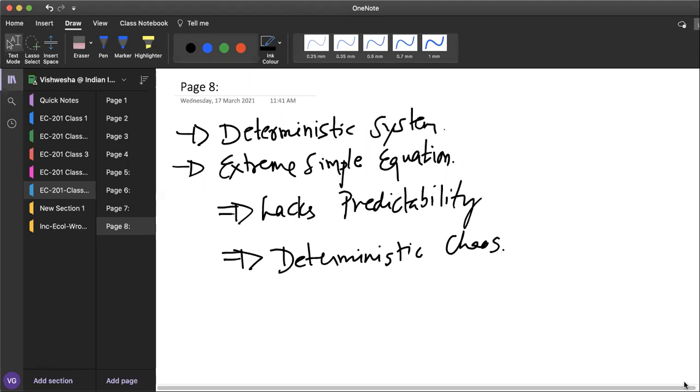So yeah, absolutely true. In fact, there are modified versions of this model that are applicable to the spread of infectious diseases. And in fact, there is evidence that some signatures of chaos can be found in certain aspects of the dynamics of diseases as well. Okay, but you're absolutely right.